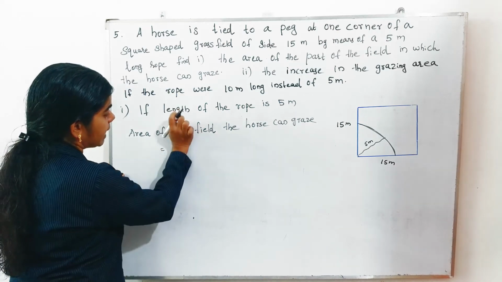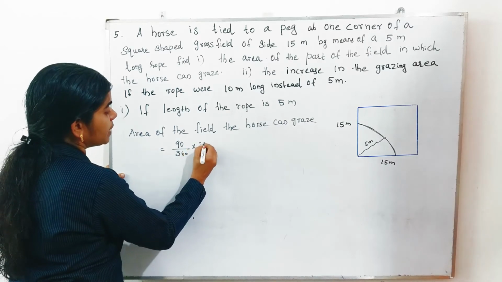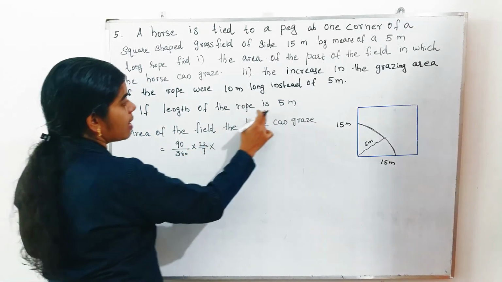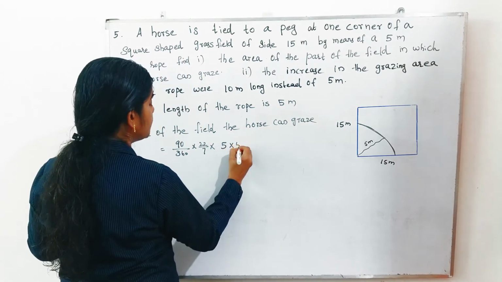So 90 by 360 into 22 by 7 into r, which is this 5 meter length of the rope, 5 into 5.